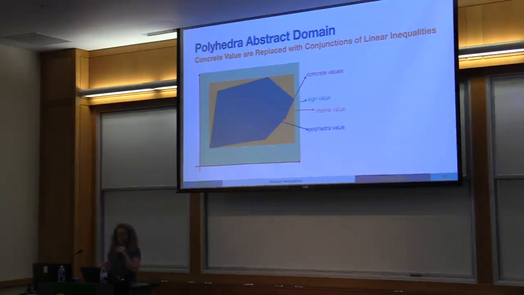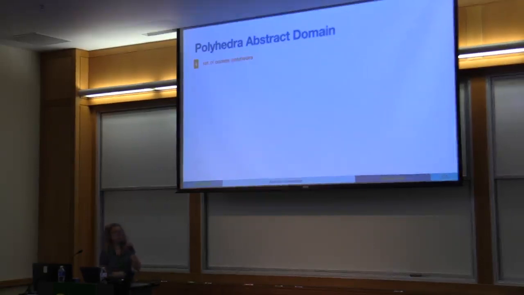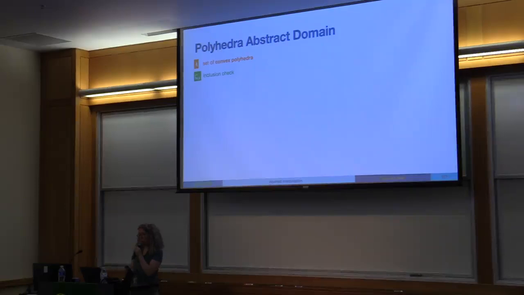So these conjunctions of linear equalities are also called polyhedra. So this is the polyhedra domain. And the elements of this domain are sets of convex polyhedra. So operations are going to be, well, for the order, we just do an inclusion check.